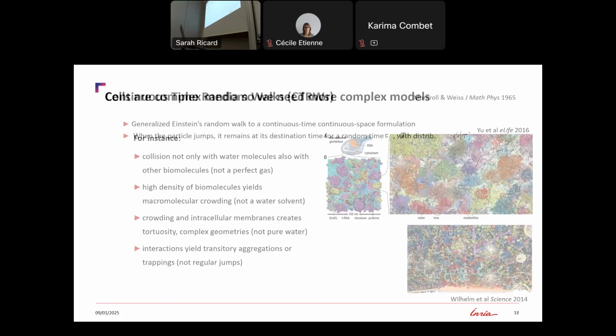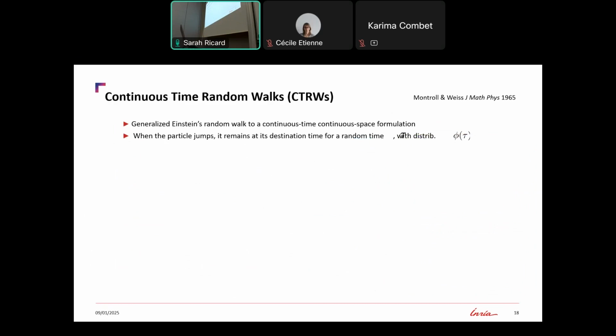So the very first complexification was made by two very famous physicists in 1965, Montroll and Weiss. And what they did is just say, okay, I won't go with the Langevin approach. I will keep on with Einstein's approach, except that now the jump time is not Dirac distributed.